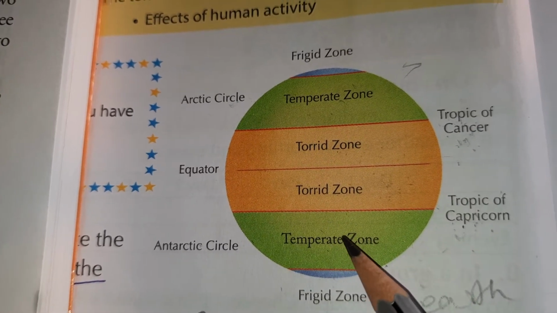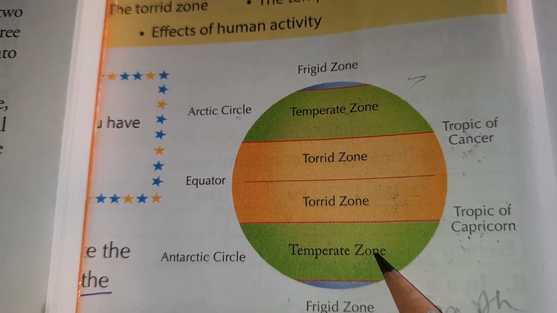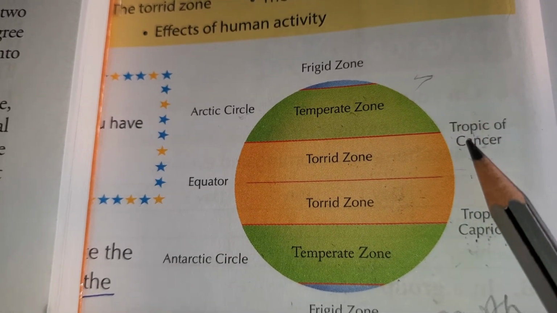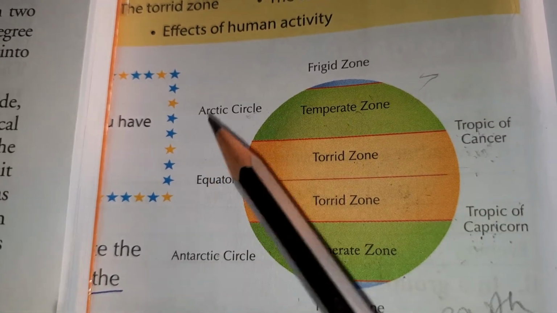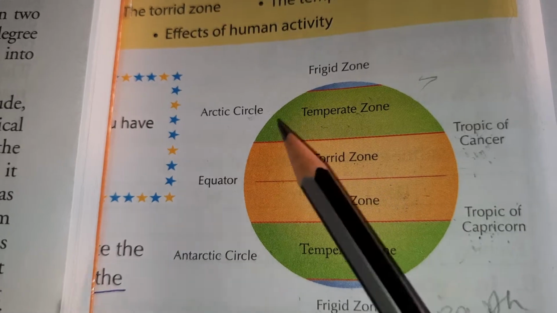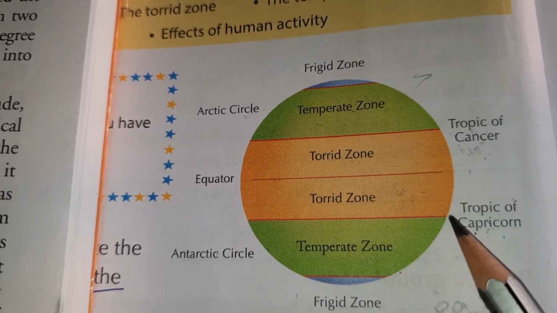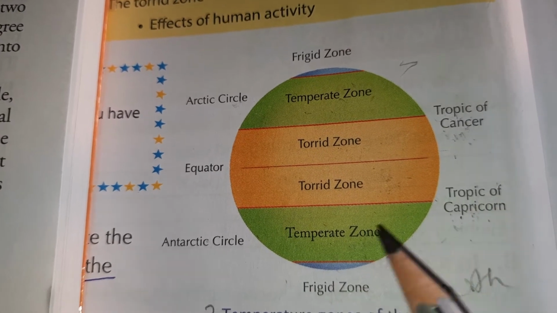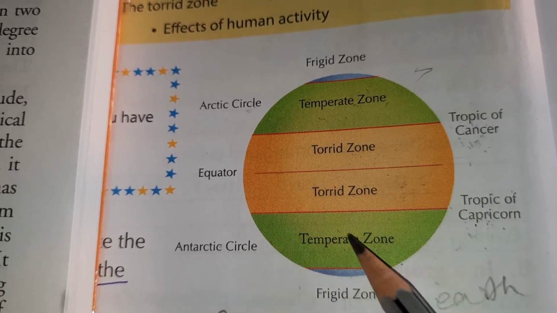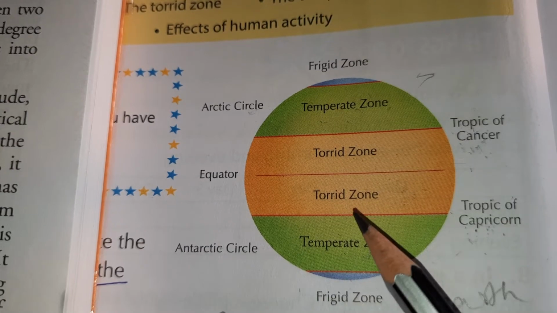Once again, I will repeat. The temperate zone lies between the Tropic of Cancer and the Arctic Circle in the northern hemisphere, and between the Tropic of Capricorn and the Antarctic Circle in the southern hemisphere.